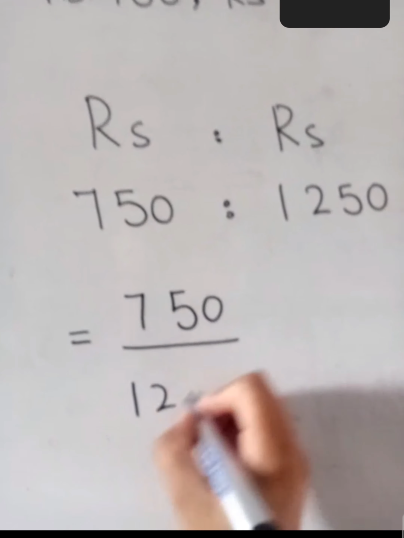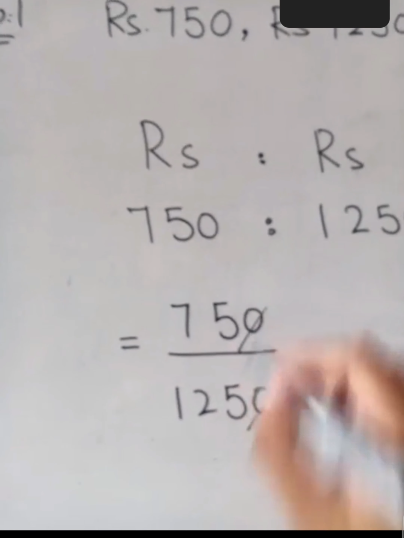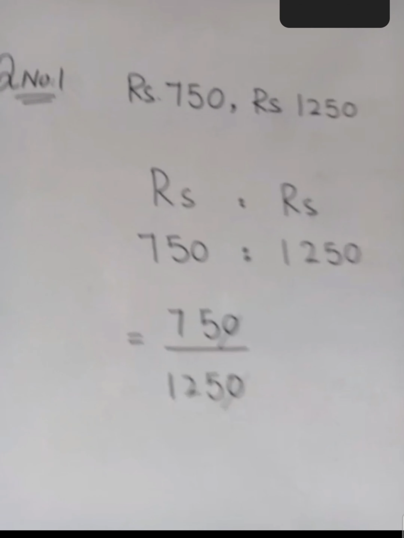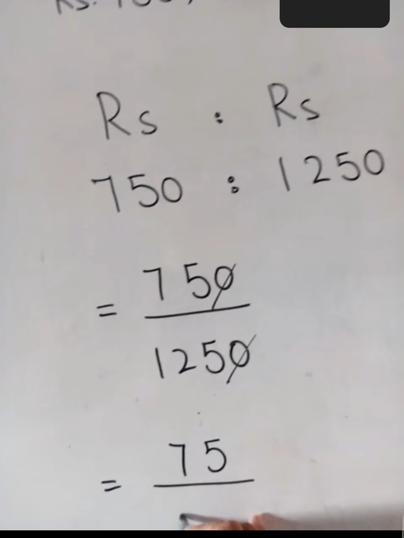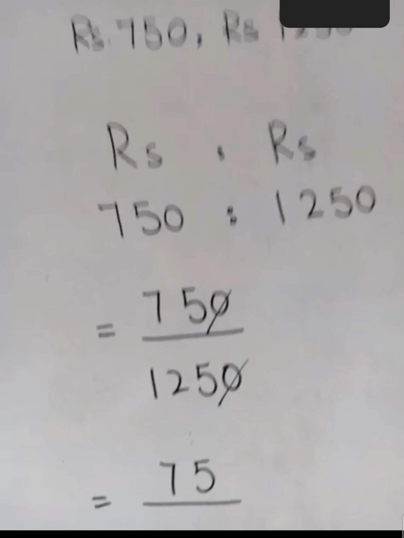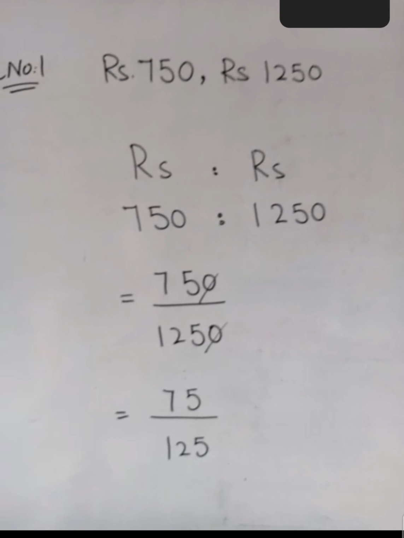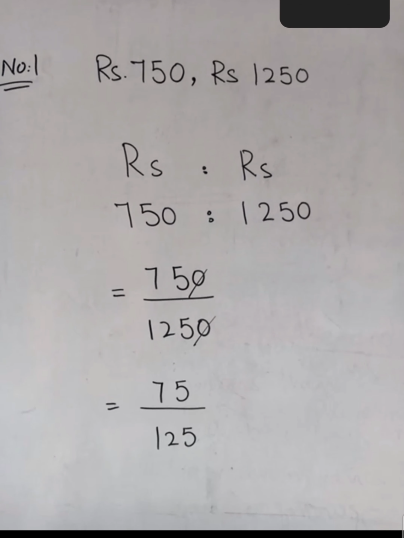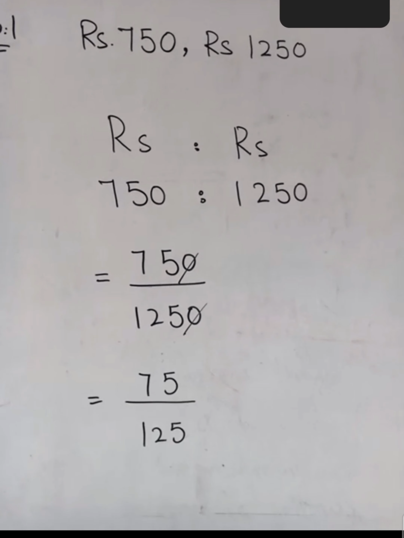Equals 750 divided by 1250. Now simplify it: this 0 will be cancelled out by this 0, by the cancellation property of tens in multiplication. What is left to me? 75 divided by 125. Use simple cutting of the numbers and get its answer. What will it be? 3 by 5.